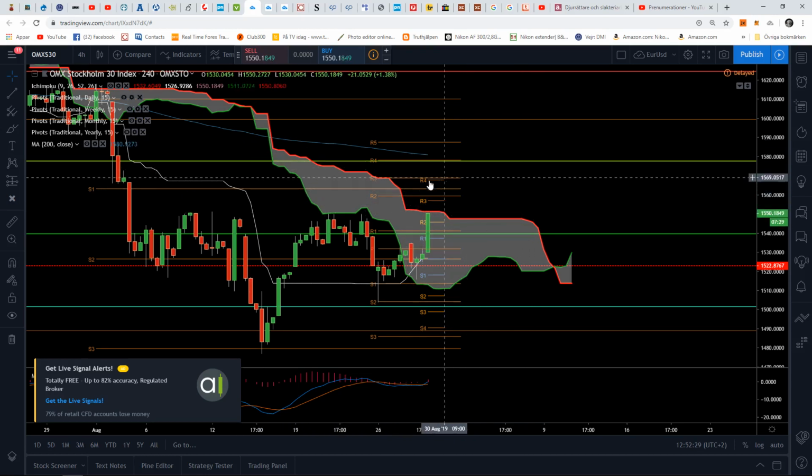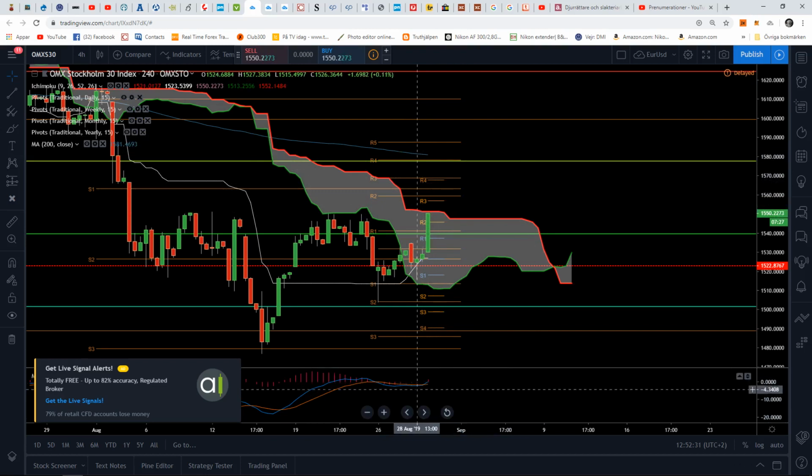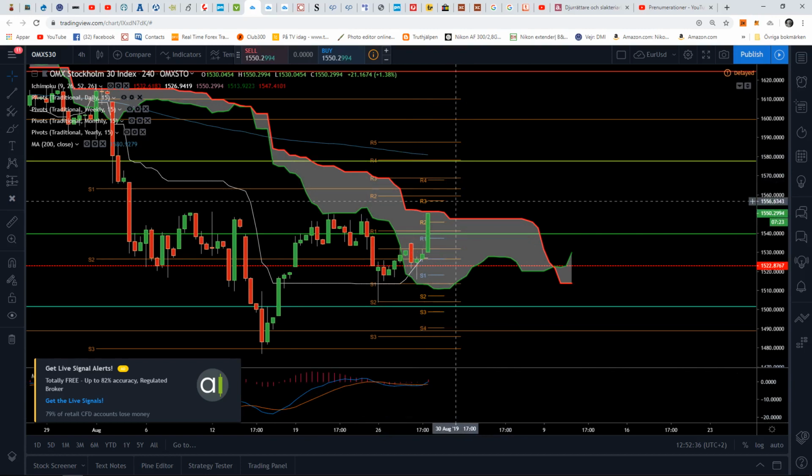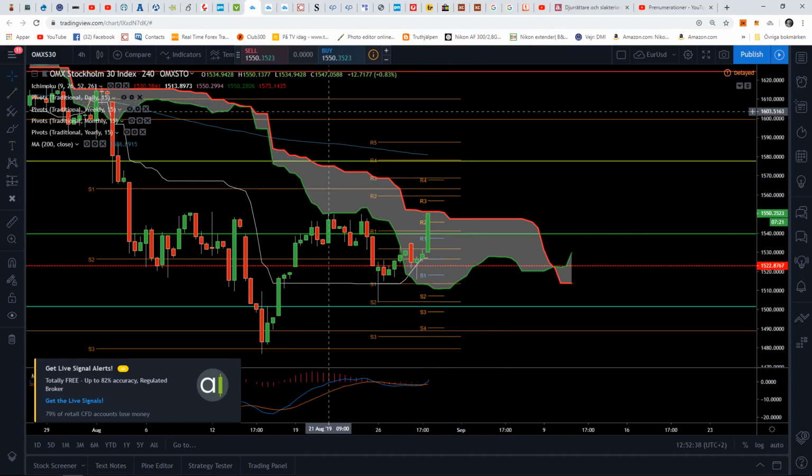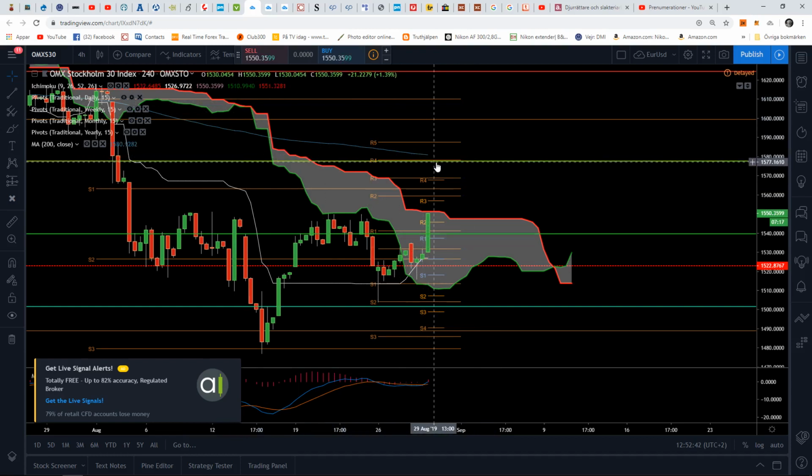We also see a MACD turning bullish down here. We can see that the SMA 200 is actually moving downwards. So it's sort of a mixed image, and the question of course is what to do if we get a close above here.